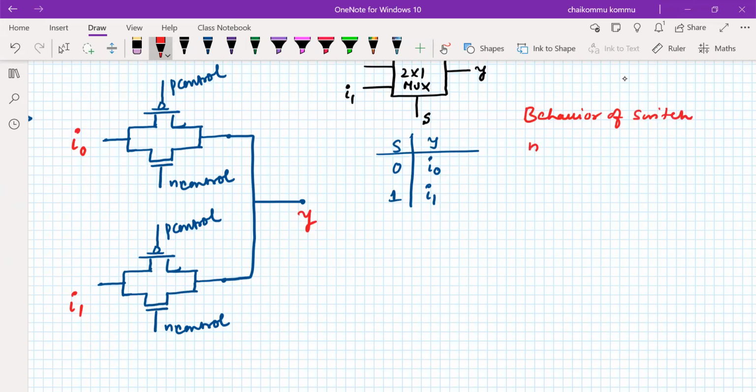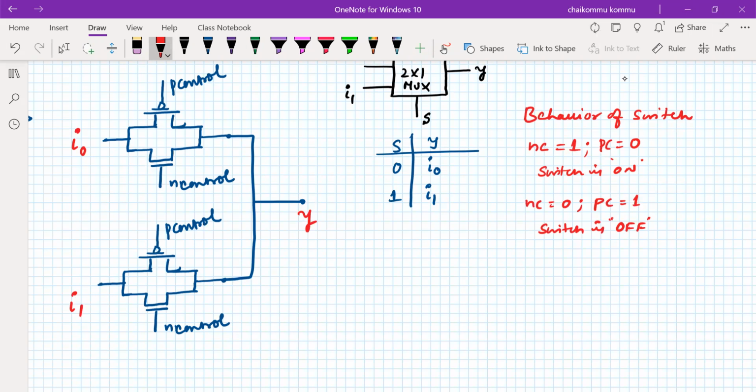For example, if n control is equal to 1 and p control is equal to 0, then the switch is on. Everybody knows this; in the last class we have seen it. If nc is equal to 0 and pc is equal to 1, the switch is off. This is what we have seen in the last class.